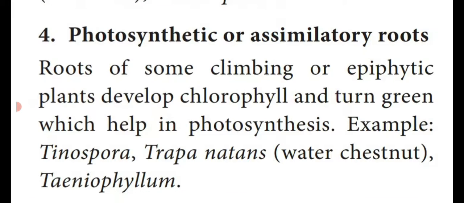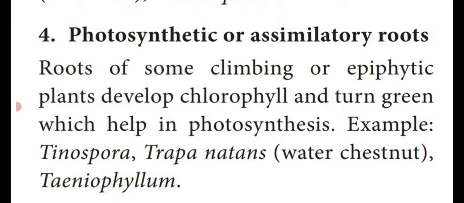The last one of the vital functions of the root is the photosynthetic root or assimilatory root. Dear students, normally the function of photosynthesis is done by the stem and leaf, but in some plants they produce green color roots which do the photosynthetic function.